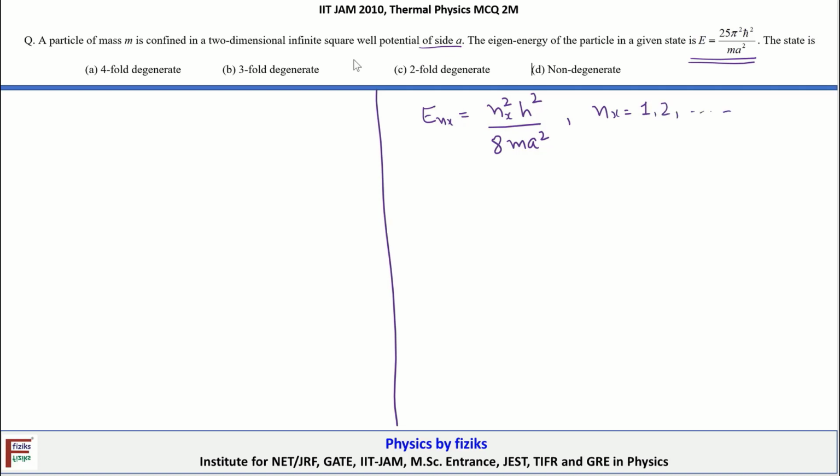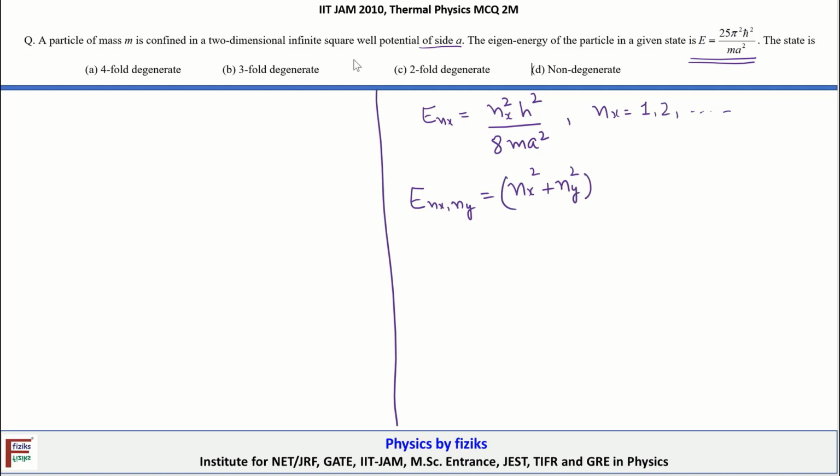Okay, now for the two-dimensional potential well, the energy eigenvalues can be written as Enx ny, and that is equal to nx square plus ny square.